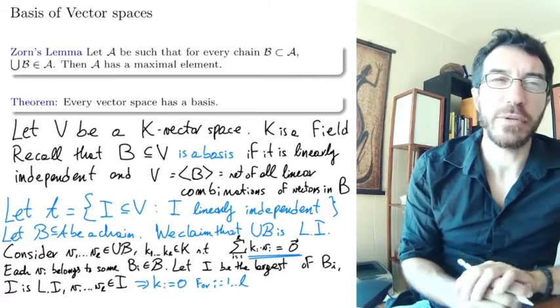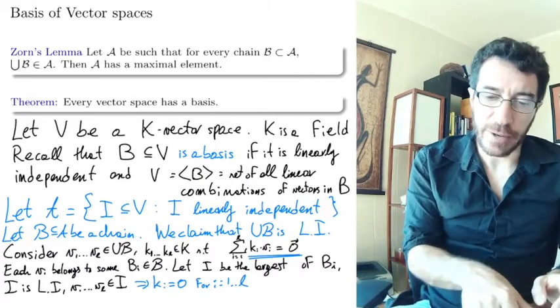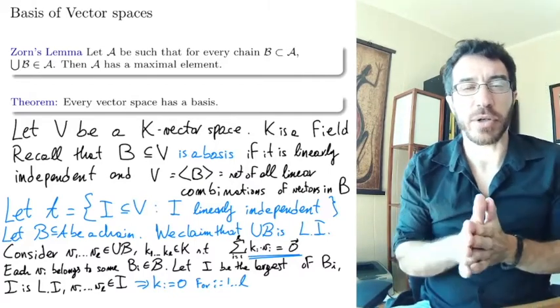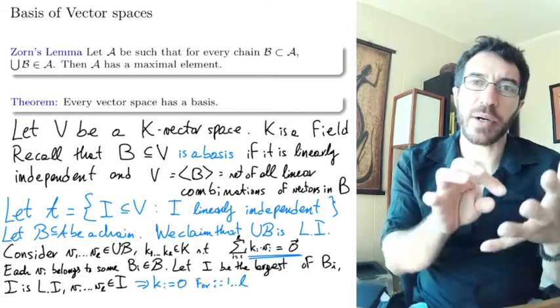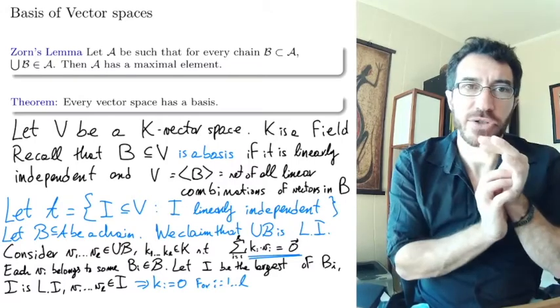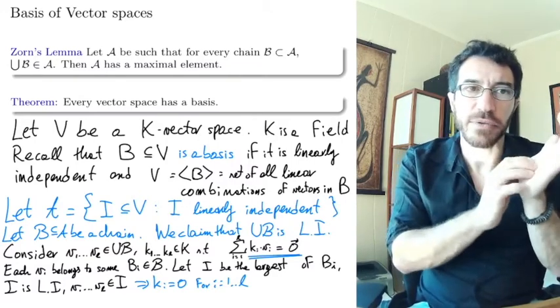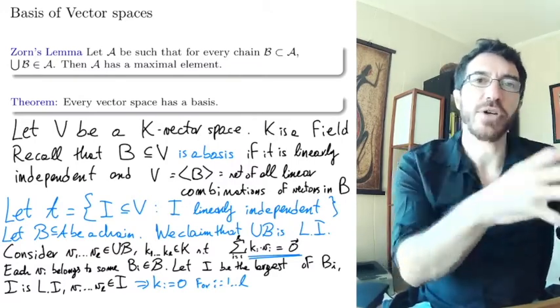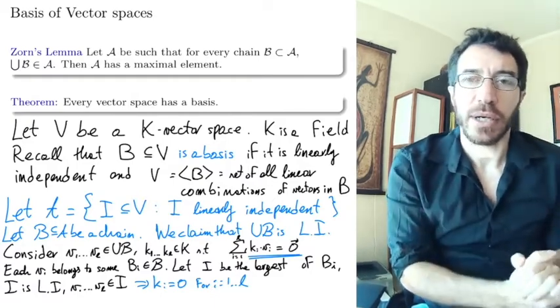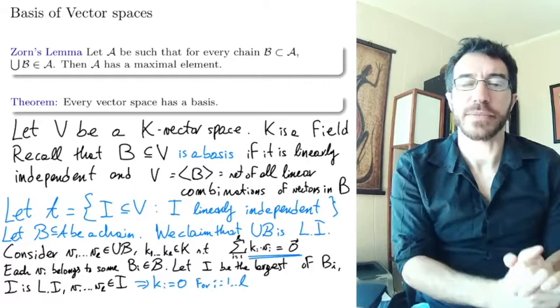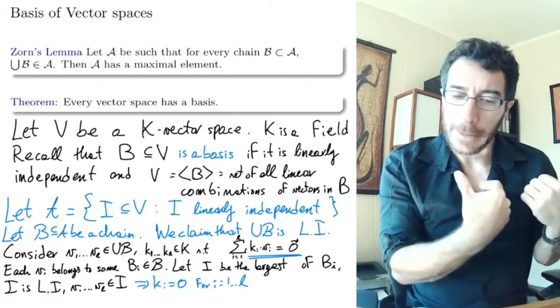Okay, so essentially what's going on here happens in a lot of cases when you apply Zorn's lemma. The property of linear independence is a property about finite subsets, right? So it's a property about finite tuples of vectors, v1 up to vl. So for all finite tuples of vectors, v1 up to vl, every linear combination is non-trivial.